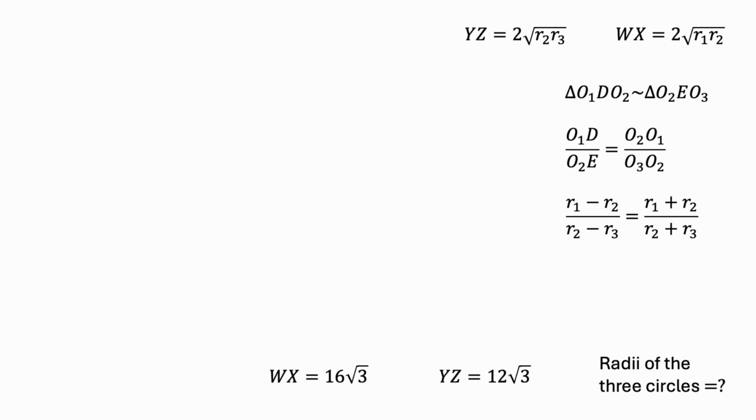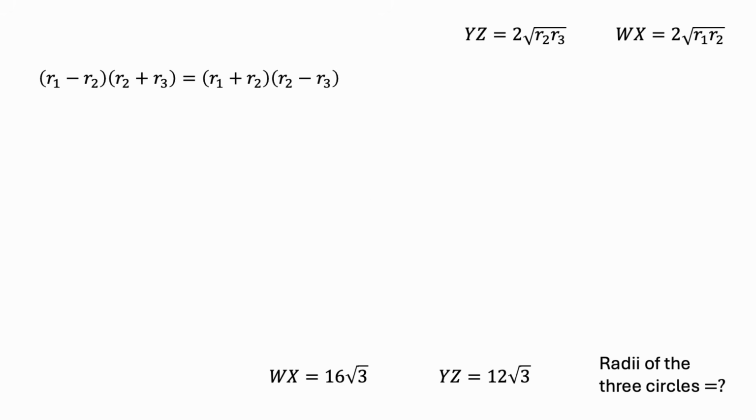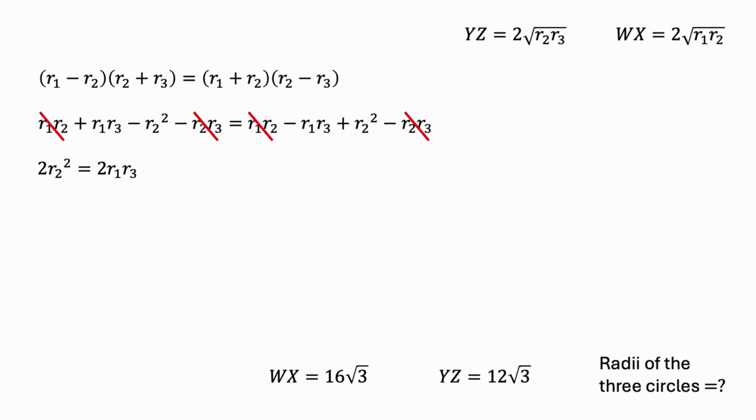Cross multiplying gives us (R1 minus R2) times (R2 plus R3) equals (R1 plus R2) times (R2 minus R3). After expanding the brackets, we observe that R1R2 and R2R3 cancel out, and we obtain 2R2 squared equals 2R1R3, or R2 squared equals R1R3.